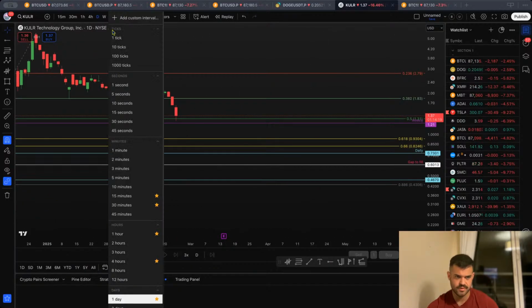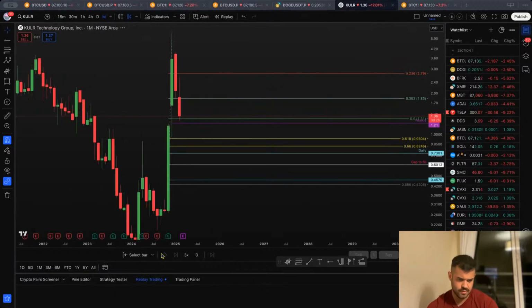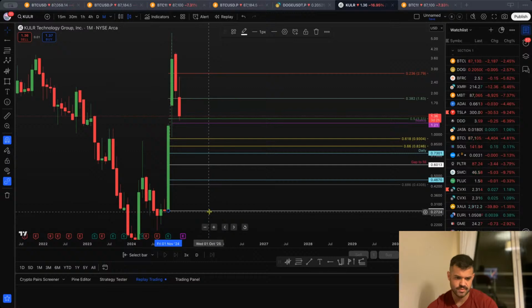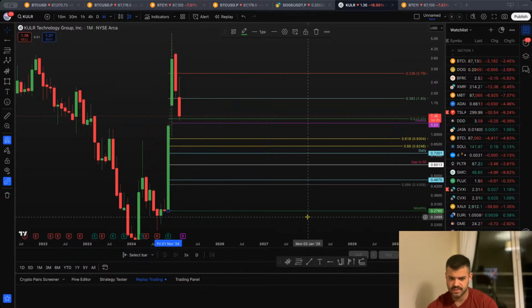Any monthly closes? Wow, that's a really beautiful one right there. But then, of course, that's below the gap. Last case scenario. There you go.